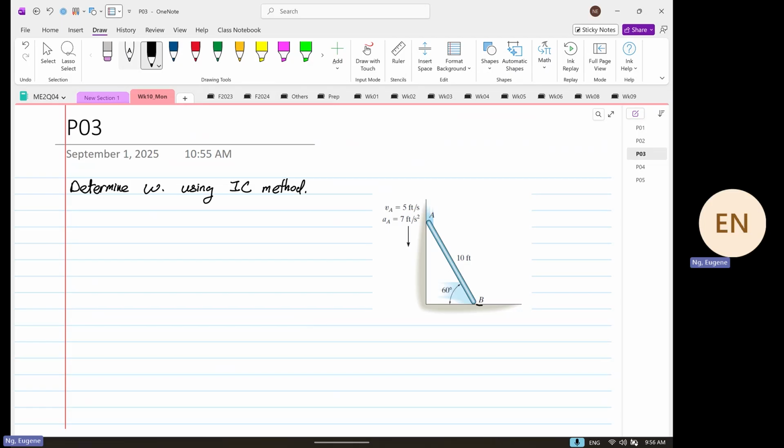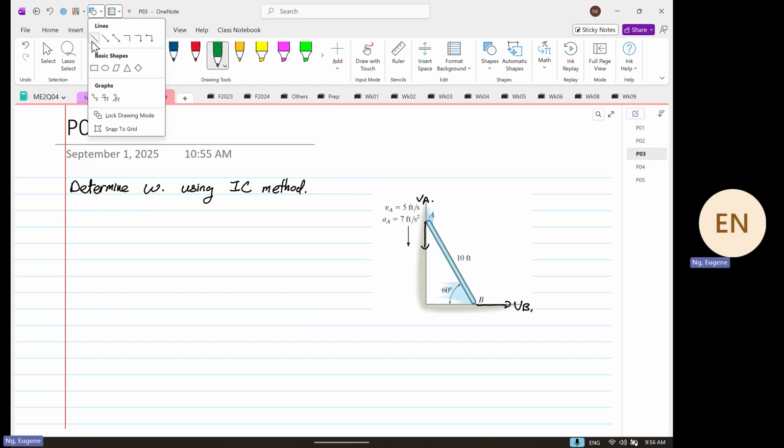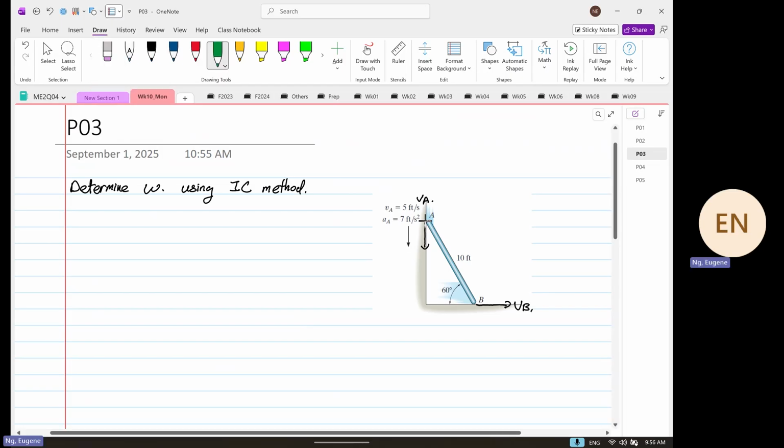We know that V_B is going in that direction. We project a line perpendicular to our velocity.